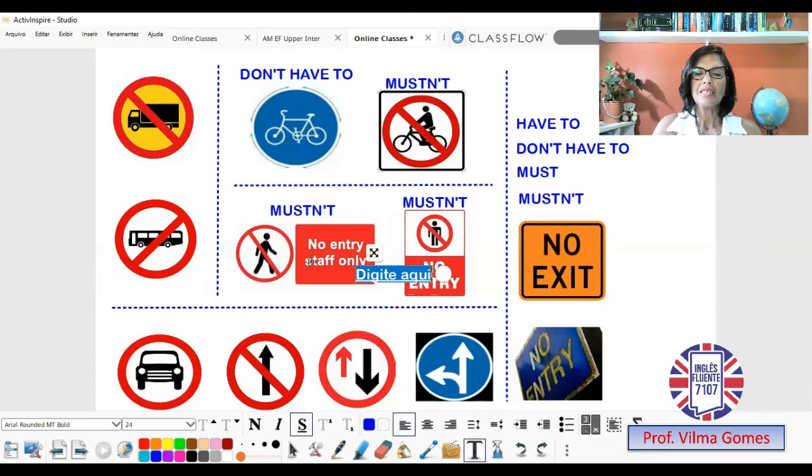Então olha aqui, está dizendo que o staff apenas. E o que é staff em inglês? São as pessoas que trabalham naquele local, os trabalhadores que fazem parte do quadro de funcionários daquele local, daquela empresa. Eles sim têm a permissão. So, it's a prohibition for people in general, with the exception of the staff. Right? Very good.